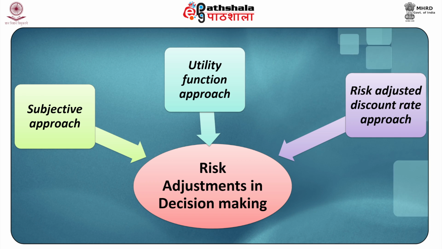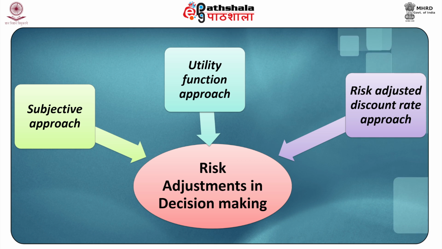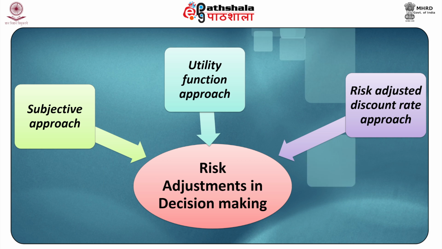Now, in the utility function approach, the individual maximizes the expected utility. This assumes that the individual is able to attach a level of utility to each of the possible outcomes of a decision.